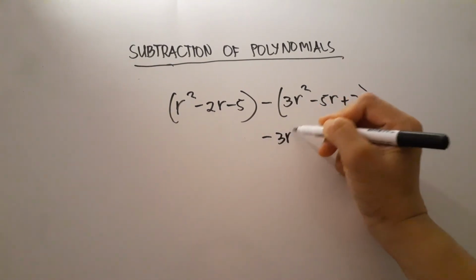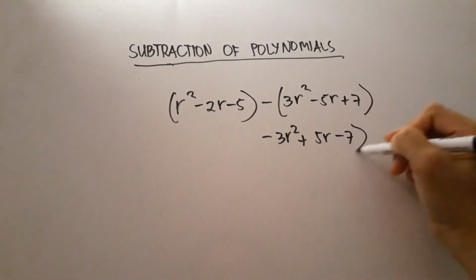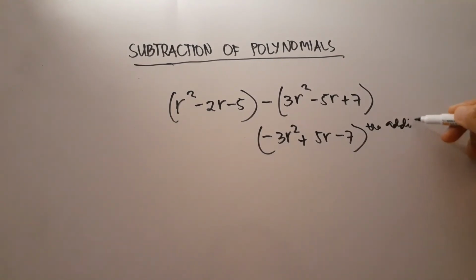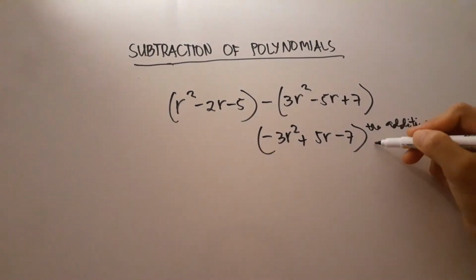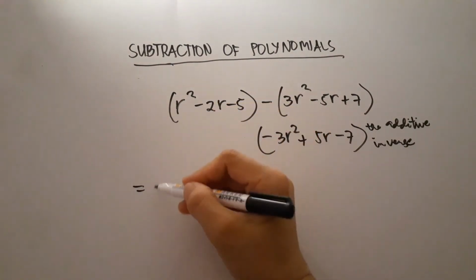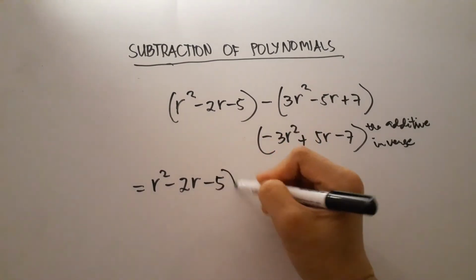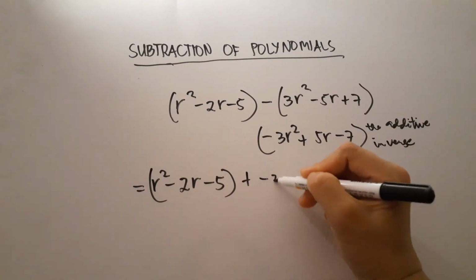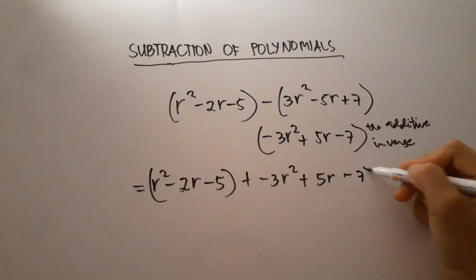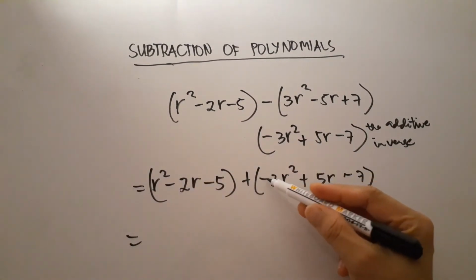Then change the sign on the second polynomial, meaning our additive inverse of the polynomial, which is negative 3r squared plus 5r minus 7, and then copy the first polynomial, which is r squared minus 2r minus 5 plus the additive inverse, which is negative 3r squared plus 5r minus 7, is equal to r squared plus negative 3r squared.